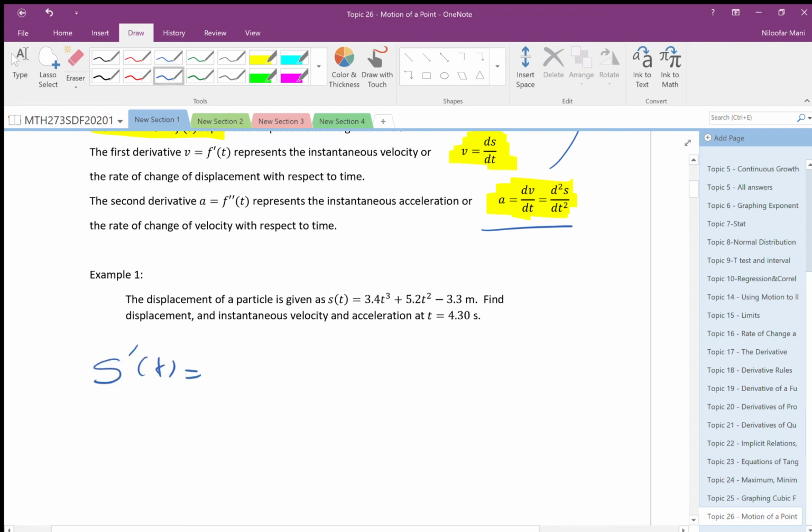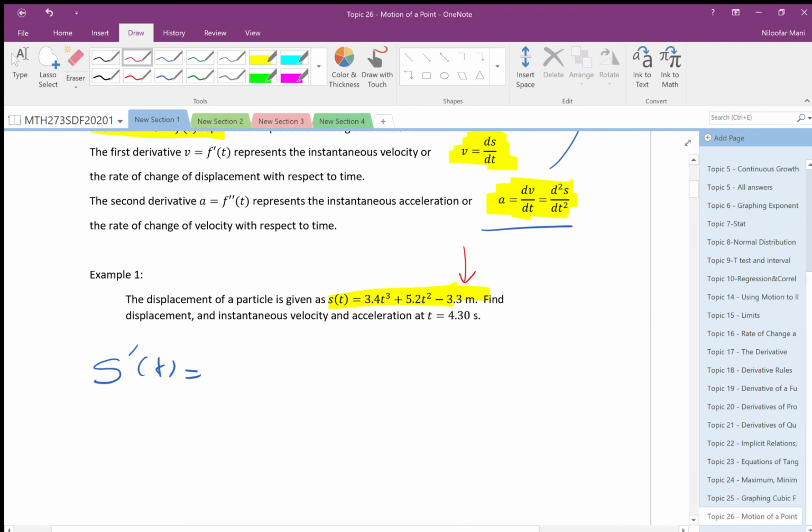Okay, I have s of t, this is the motion function, meaning something is starting from minus 3.3 meters. That means I have an origin, I have a 0, which is my original point, and then something is starting from minus 3.3 and then going forward, using this function.